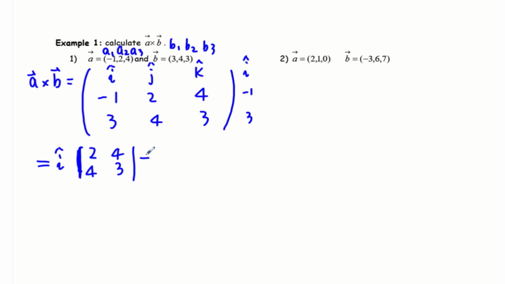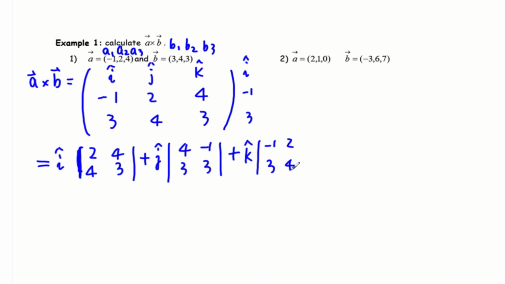Then plus J direction. J direction, cross out, only 4, 3, -1, 3 left. Then plus K direction, cross K out, only this part left, -1, 3, 2, 4. Then I times, cross times, then minus the other diagonal. Then cross multiply, and J direction 4 times 3 minus 3 times -1.